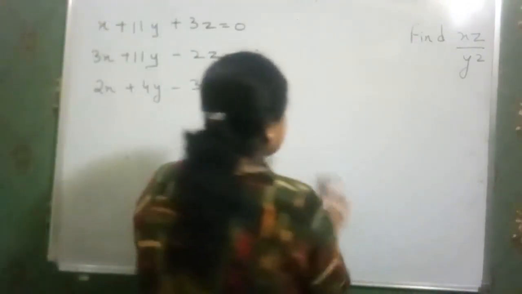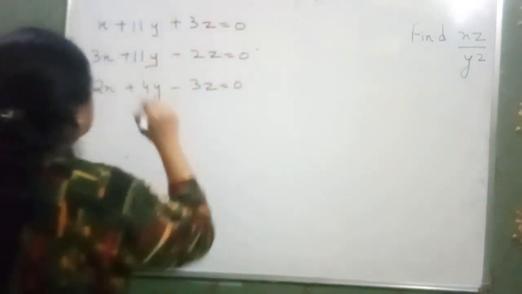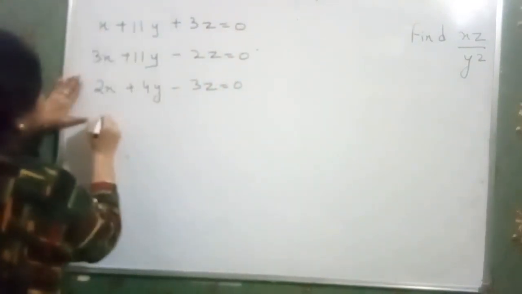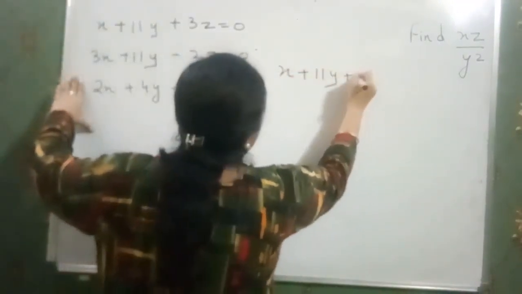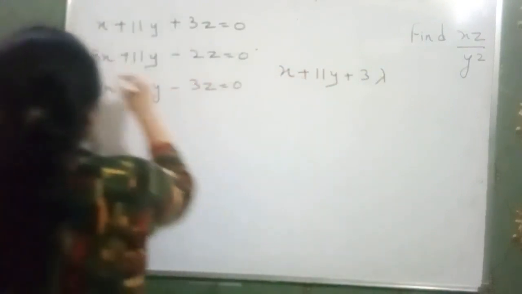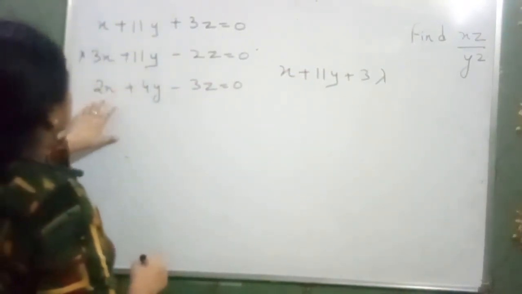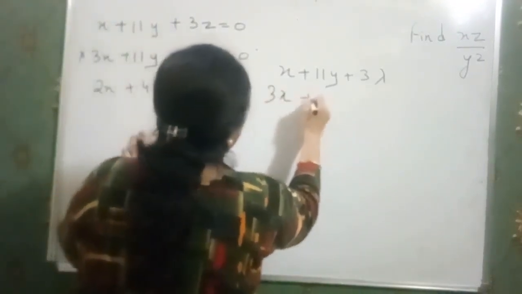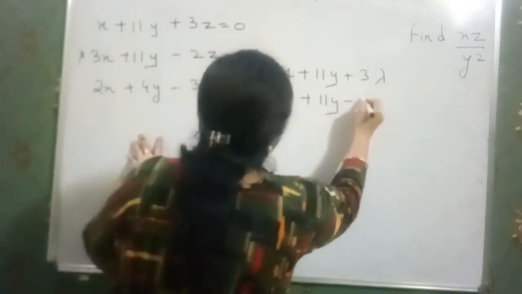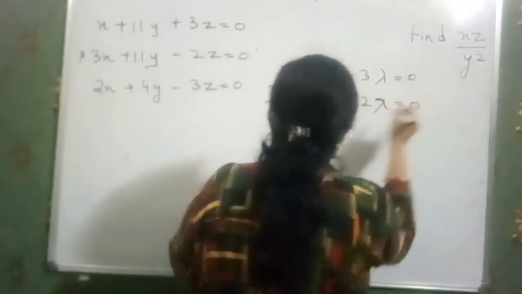Now for solving x, y and z, just make z as lambda. So we have the equation x plus 11y plus 3 lambda, and for the second equation, we can take 3x plus 11y minus 2z, that is 2 lambda, because in place of z I am placing lambda.